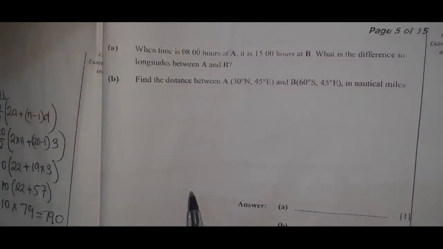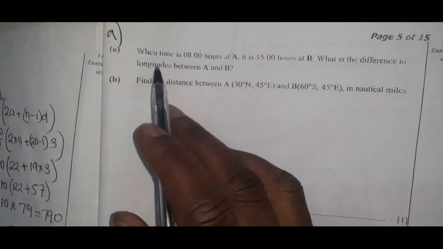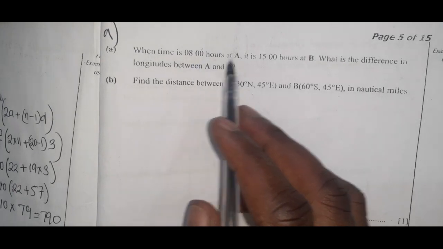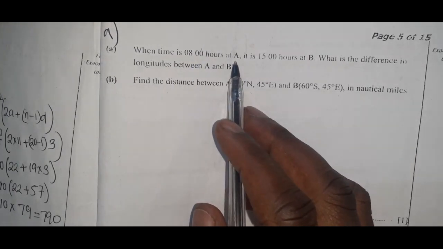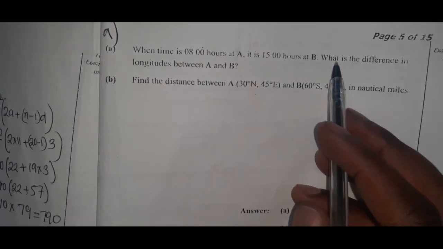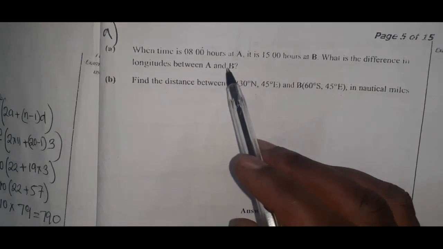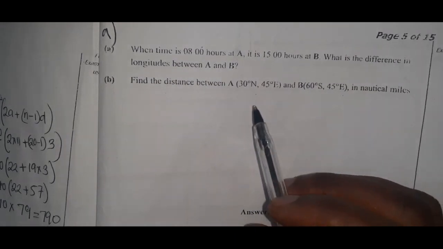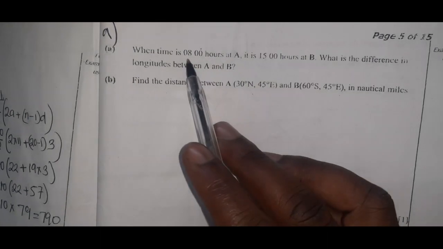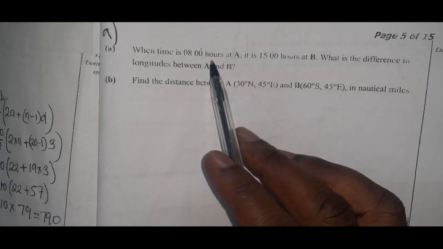Okay, so question 9. This is question 9a. When time is 08 hours at A, it is 15 hours at B. What is the difference in longitude between these two? Okay, what is the difference in longitude?